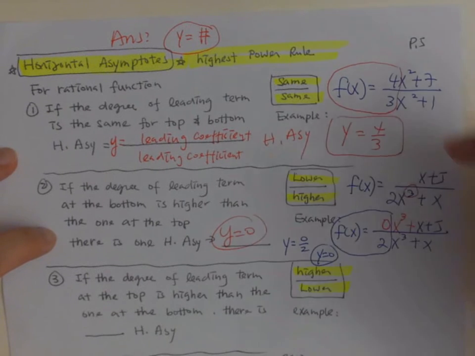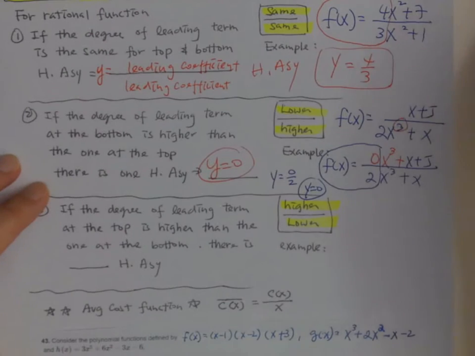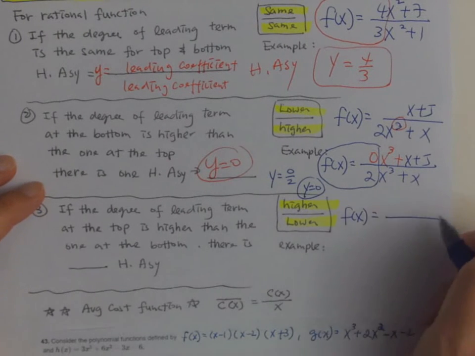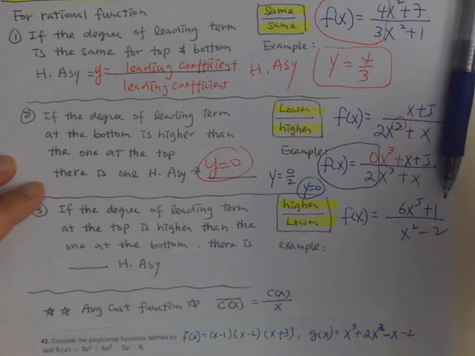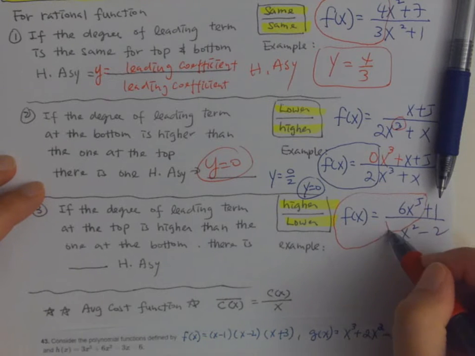Hopefully that makes sense. It's just the same rule applied here. For the next one, I need an example with the top having higher power. Say 6x to the 5th plus 1 over x squared minus 2. x to the 5th is the highest power, and I don't have x to the 5th at the bottom.